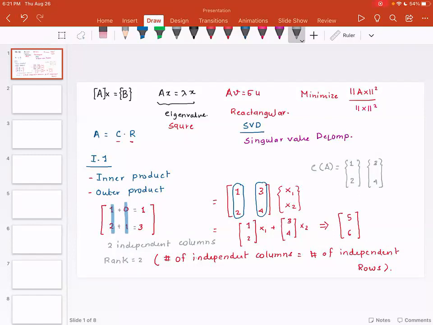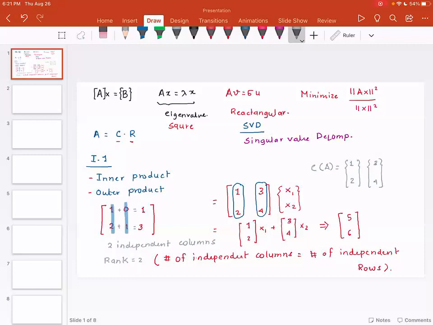Now, what I want you to do is quickly look at example 2. In example 2, I want you to notice that for that particular combination of vectors multiplied by matrices, you cannot find x1 and x2 in such a way that all three equations are satisfied.